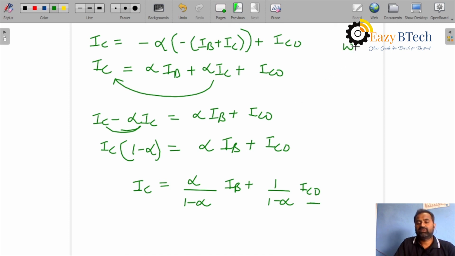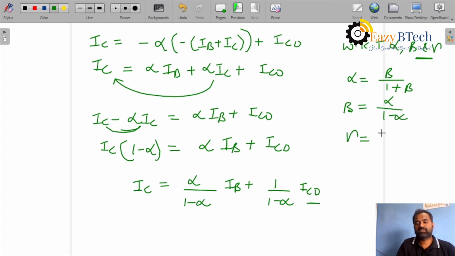We know the alpha, beta, gamma relationship: alpha is equal to beta by 1 plus beta, beta is equal to alpha by 1 minus alpha, gamma is equal to 1 by 1 minus alpha, and gamma is equal to 1 plus beta.